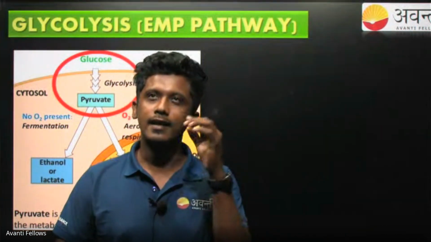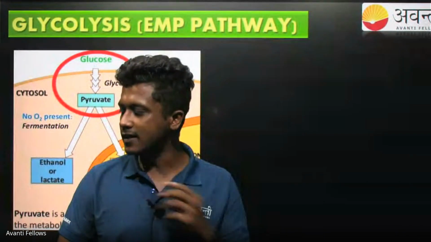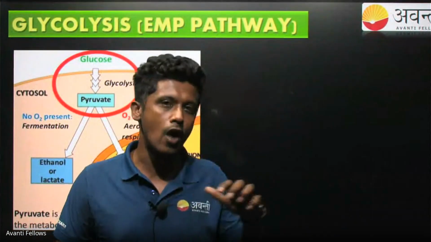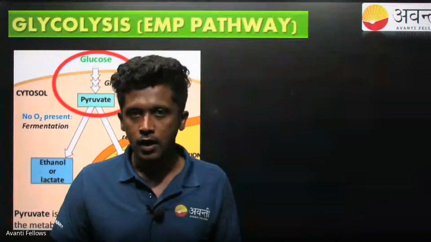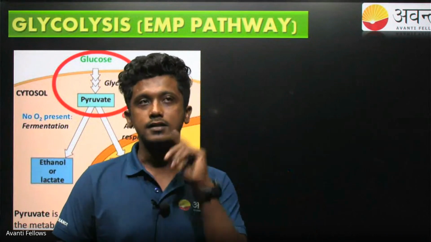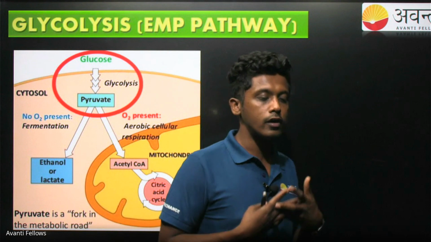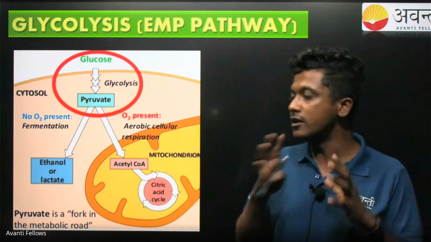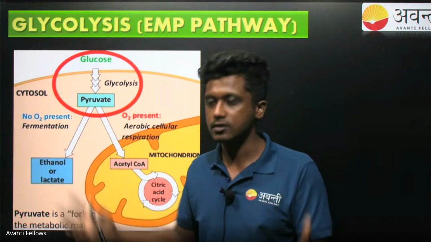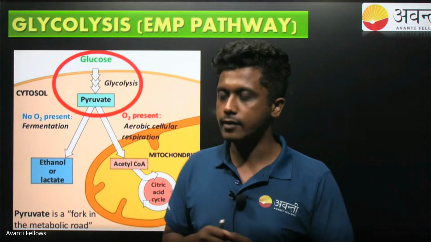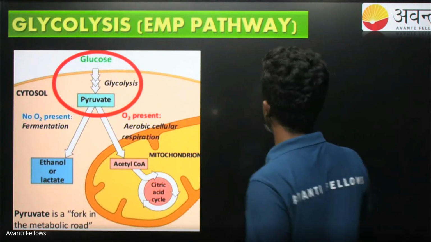In the last class I told you, while studying respiration, you can really understand how organisms have evolved during the course of time since life began. If you look at life on Earth when it started, or in the initial phase when life was blooming on this planet, what was not there was oxygen.